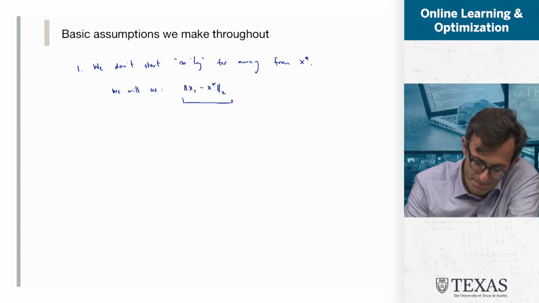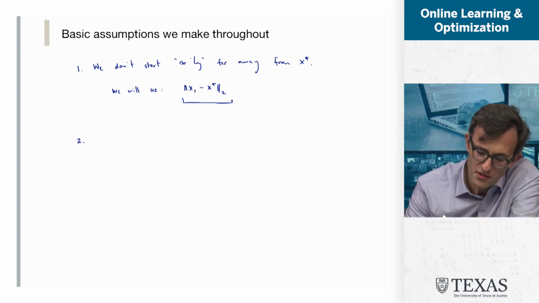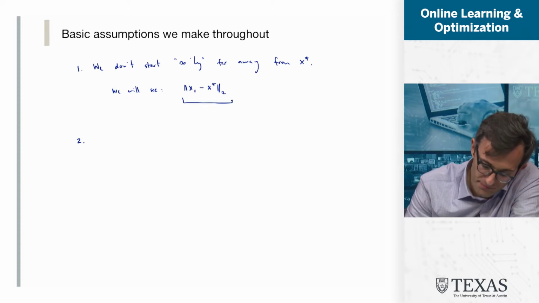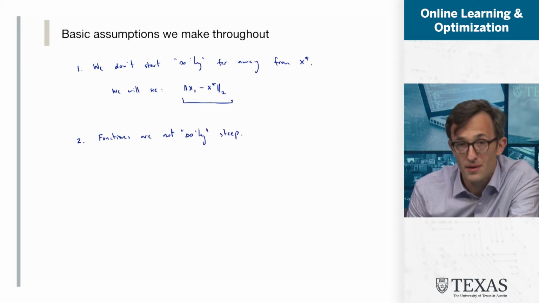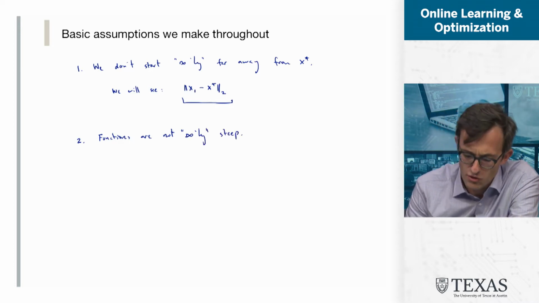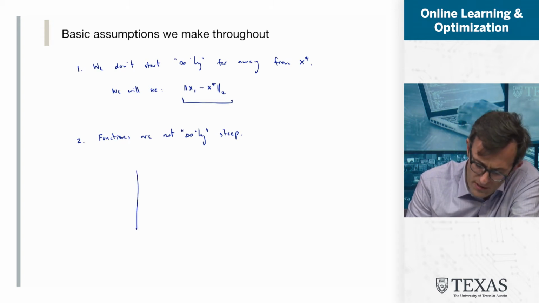But for typical applications, we just need to know some upper bound so we have an idea of what the convergence looks like. We will also assume that our functions are not infinitely steep. And you may say, well, that doesn't sound too reasonable because what about functions like x squared?